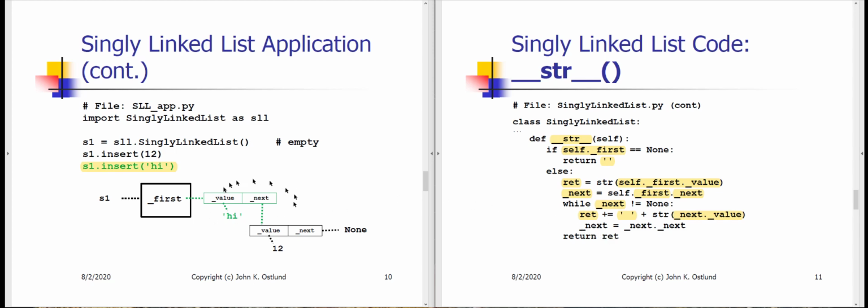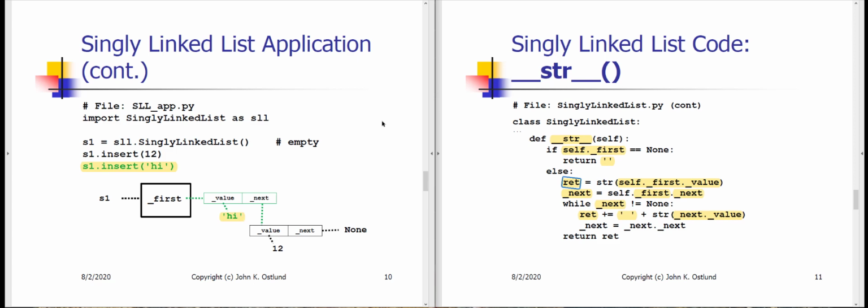Okay, so let's take a look at our actual singly linked list example here on slide 10. When we get into this else part, because there are nodes in the list, ret is going to be set to _first._value, that is "hi", converted to a string.